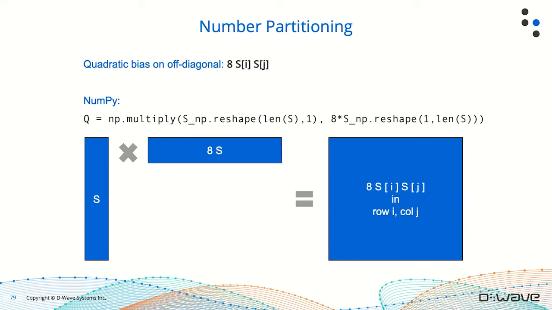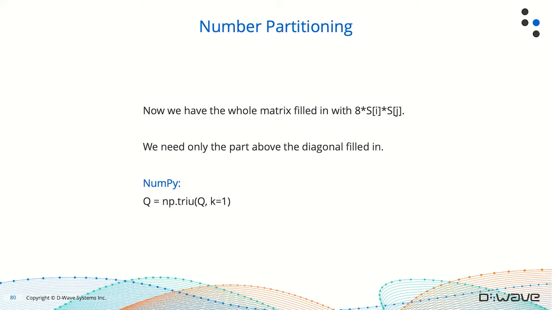And my second one, I'm multiplying it by 8 to get that 8 SI, SJ for every entry in my matrix. And I'm just going to use NumPy's multiply function to do this really, really quickly and in this one line rather than those nested for loops. So now we have a matrix where everything is filled in with 8 times SI times SJ.